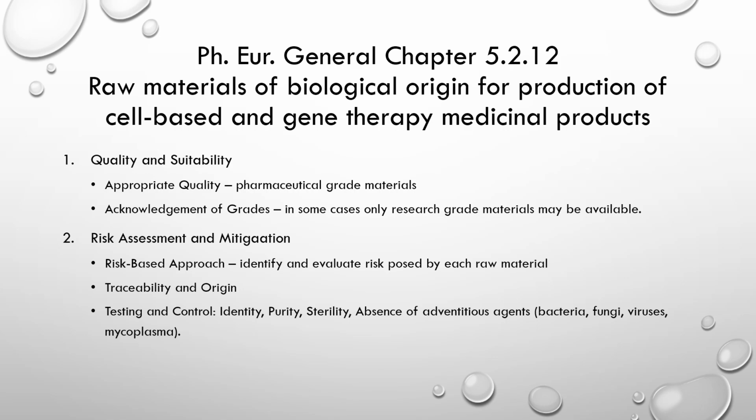I think I've talked about this risk assessment and mitigation. You have to take a risk-based approach, so identify and evaluate the risk posed by each raw material. This is very much following on in the same genre of the viral evaluation.